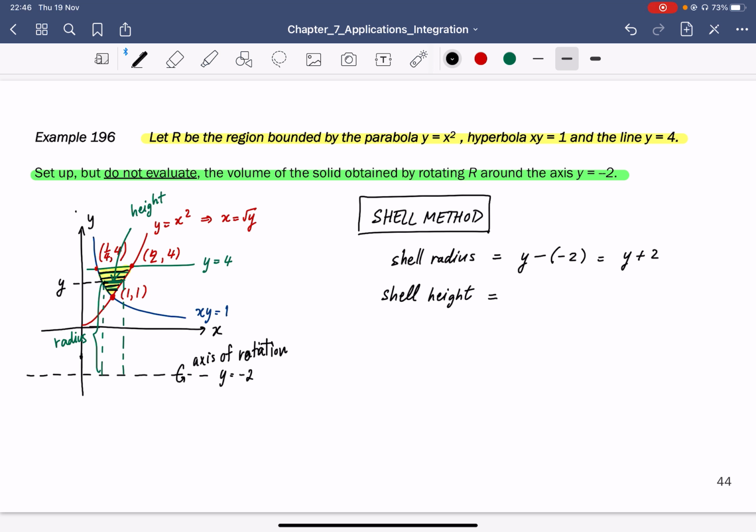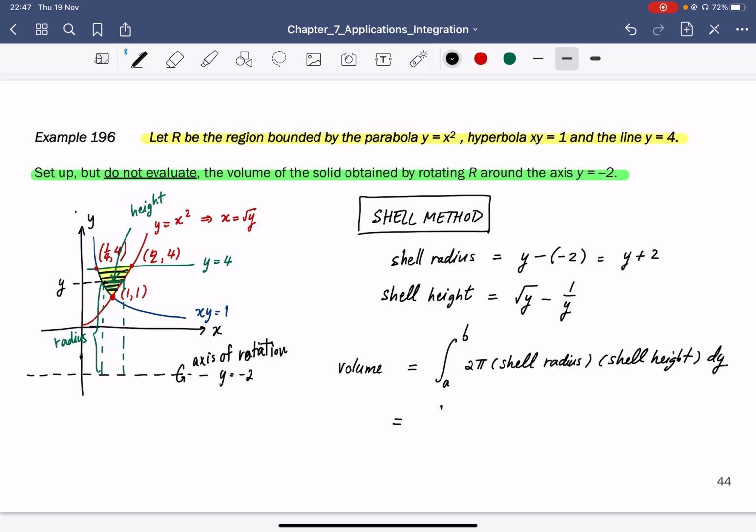The red curve is x equal to square root y. The blue curve is x equal to 1 over y. So the shell height is going to be square root y minus 1 over y. Once you have your shell radius and shell height, the volume is going to be the integral from a to b of pi times shell radius times shell height dy.